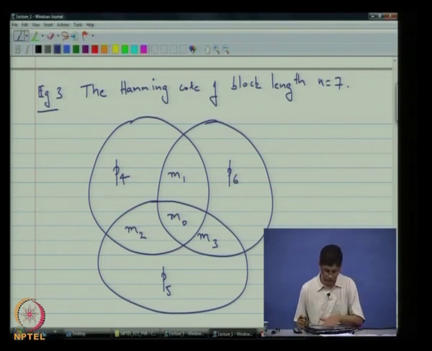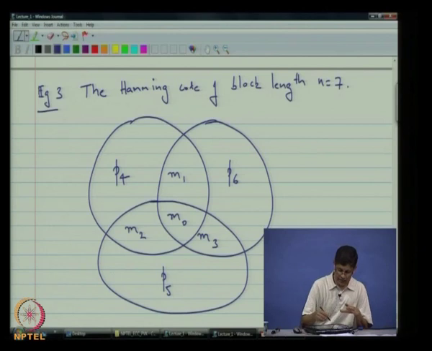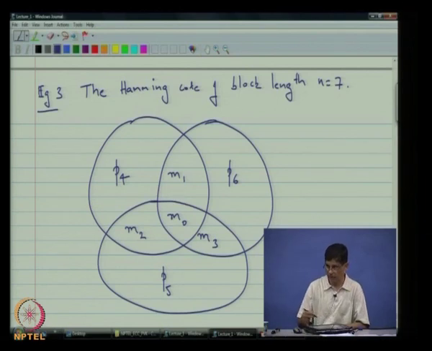The way the Hamming code is going to impose the requirement is that in any circle the parity must be even. So, for example, let us say you arbitrarily chose the message symbols M0, M1, M2 and M3, then the parity symbols must be chosen in such a way that in every circle you actually have even parity.